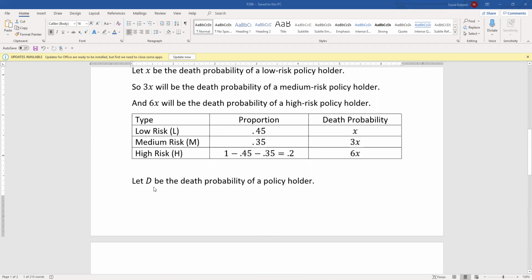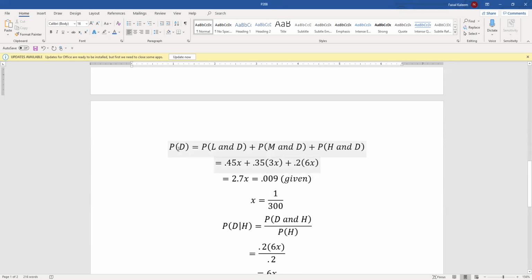So, okay, D's not the death probability. Let D be the event of death of a policyholder. Then the probability of death is given to be 0.009.